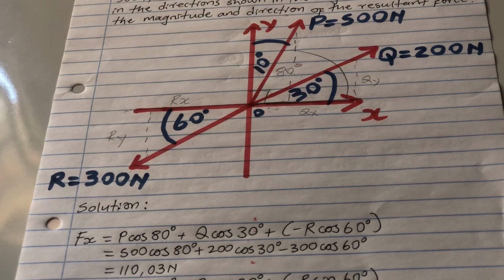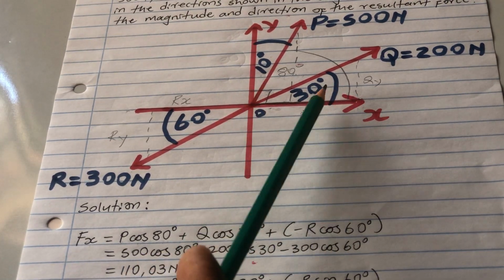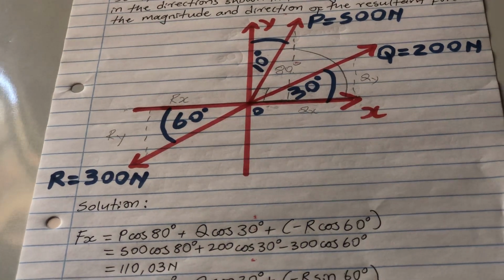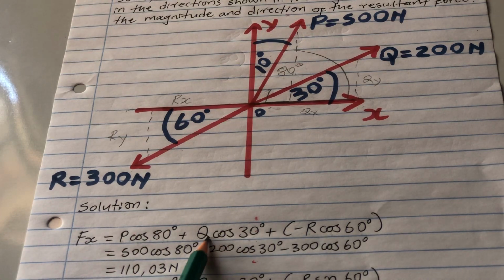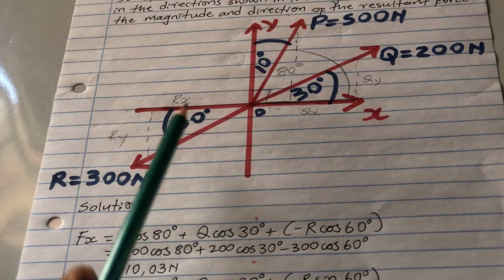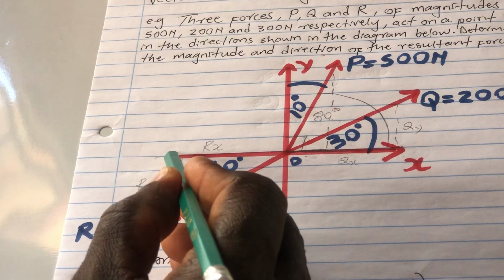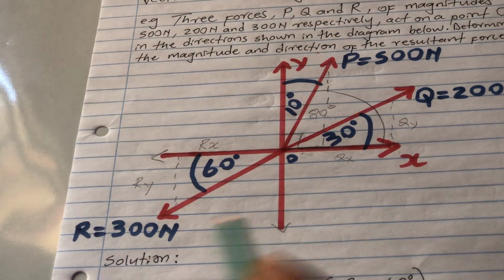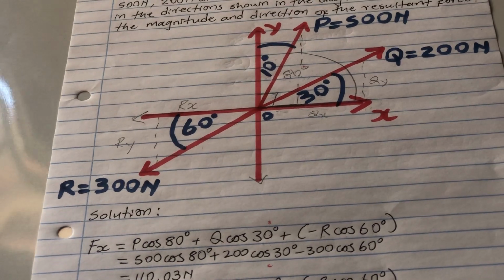And if the component that we're looking for is pointing to the right, it will carry a positive sign, like what happened for this PX and QX. They are pointing to the right. That's why they're positive. Then RX is pointing to the left. That's why it is carrying a negative sign.